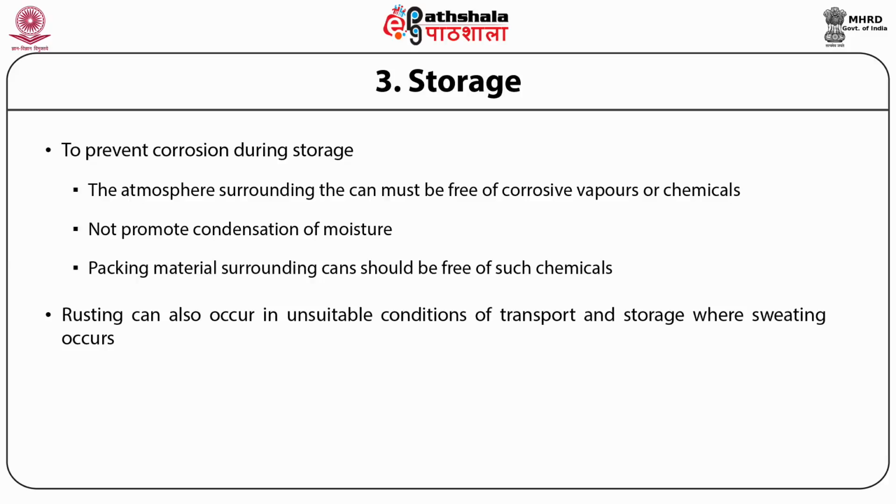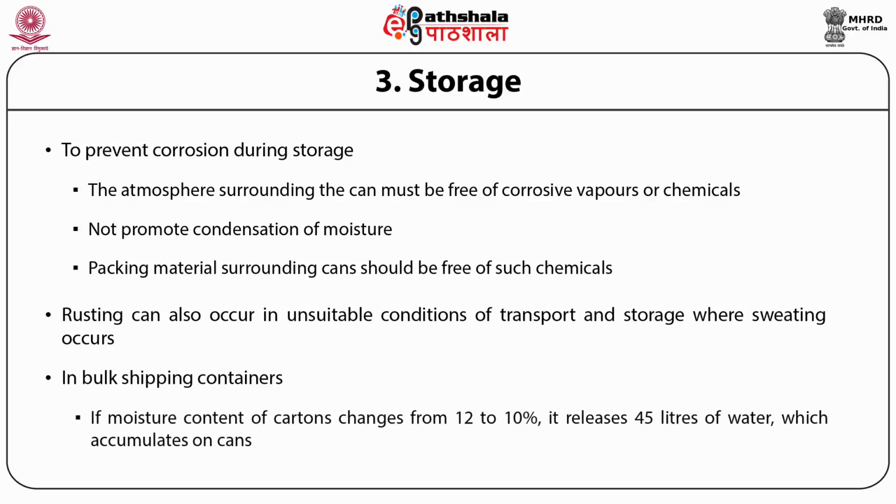The use, since the 1970s, of bulk shipping containers, each holding about 18 tons of cans, has become increasingly popular for sea transport. Such a container may include 2 tons of carton material. If the moisture content of such material changes from 12 to 10%, 45 liters of water would be released within the container.